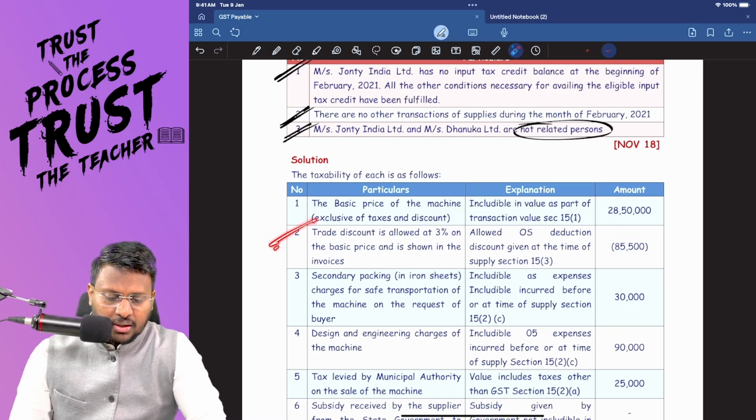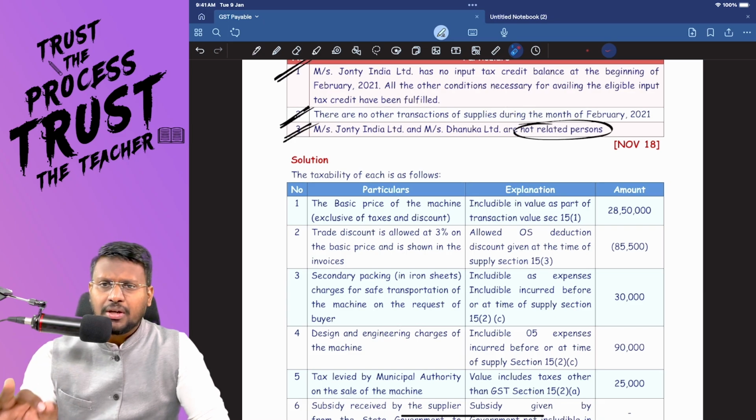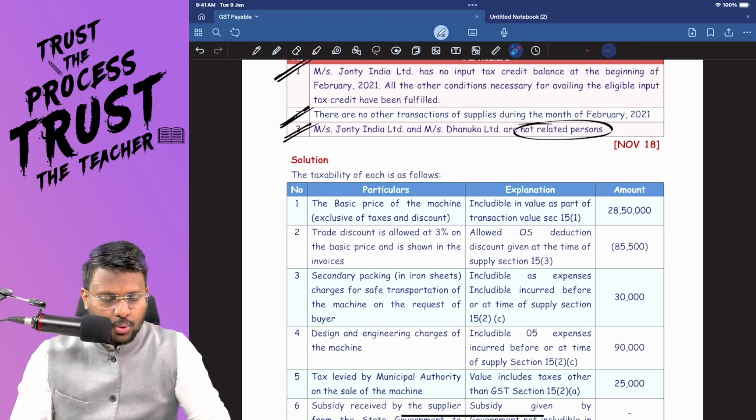Trade discount, sir, is it an inclusion or exclusion? Exclusion, as per 15 subsection 2 or 15 subsection 3? 15 subsection 3. If the discount has been specifically mentioned in the invoice, then it has to be excluded. The condition has been satisfied, so we have reduced it.